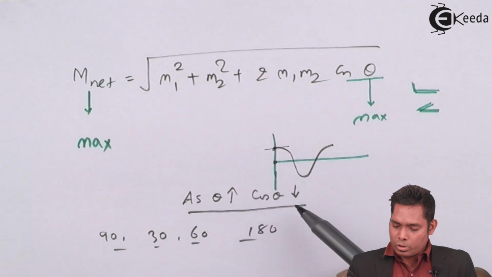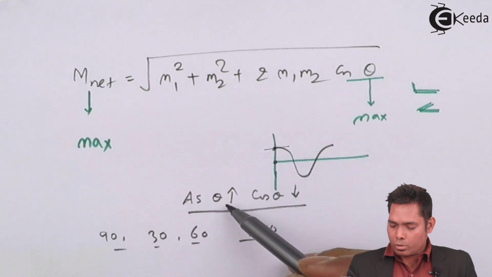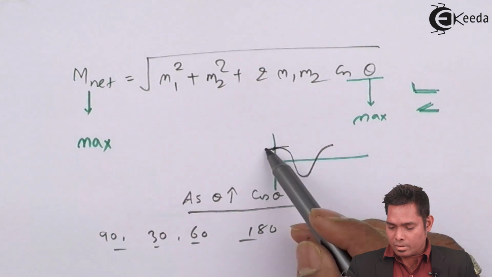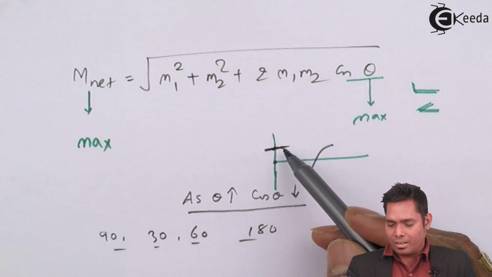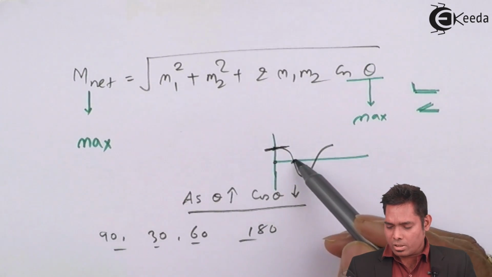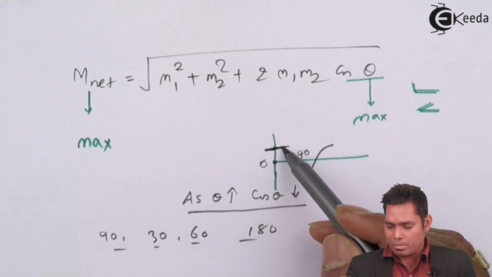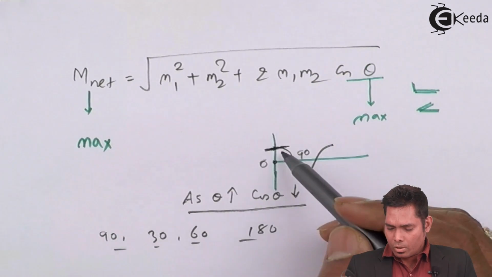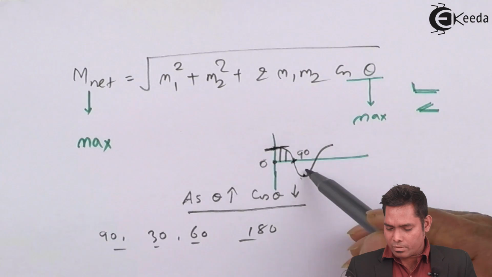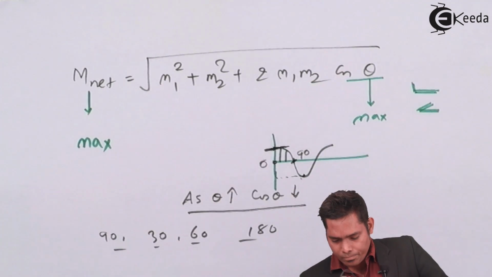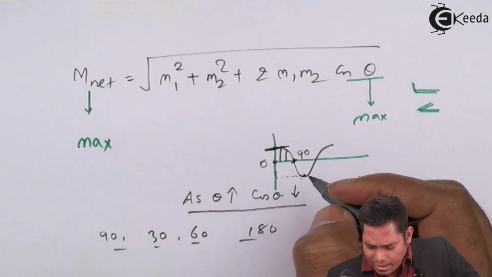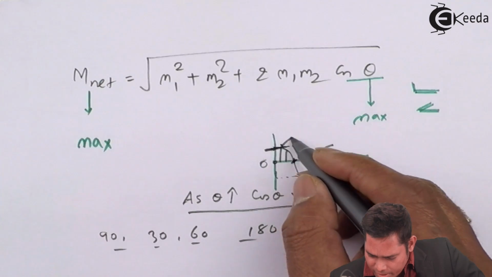For the maximum value, we need the least angle, because when theta is less and less, cos theta is maximum. At 0 it is maximum, but 0 is not given in the options. Then we have 30, then 60, then 90, and 180 is the minimum because they are vectors. So the maximum is at 30.